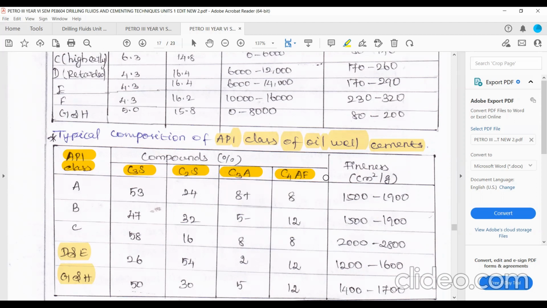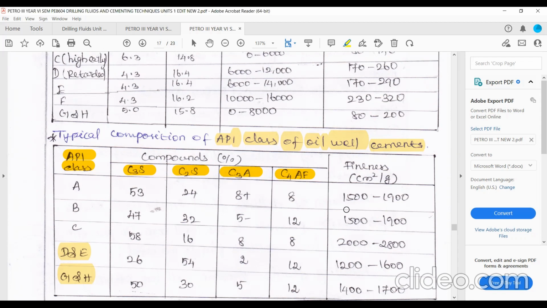The rest being other phases, usually calcium sulfate. The fineness is 1500 to 1900 square centimeters per gram. So this is for A. This is a value for B, C, D, E, G, and H. The F slab is missing here. So you can make it out.